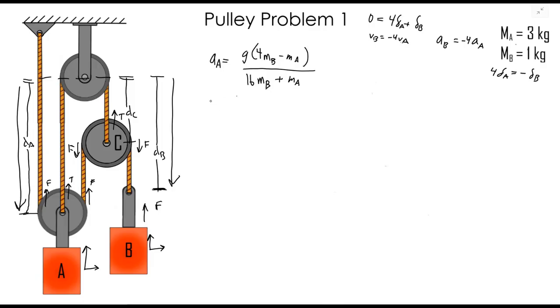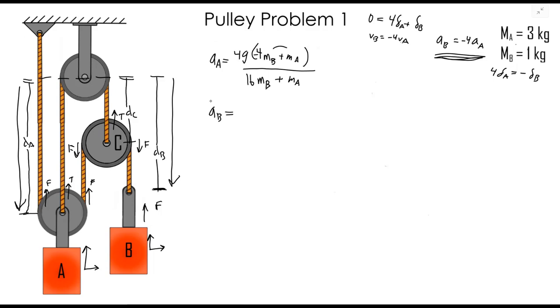Okay, now moving on. Now that we have our equation for AA right here, we're going to move forward by getting the equation for the acceleration of B. We're going to use this equation and plug in the acceleration for A right here. Basically it's this times -4. When you multiply by -4, the 4 stays on the outside, but we implement the negative sign within here. So this is going to be negative and this is going to be positive.